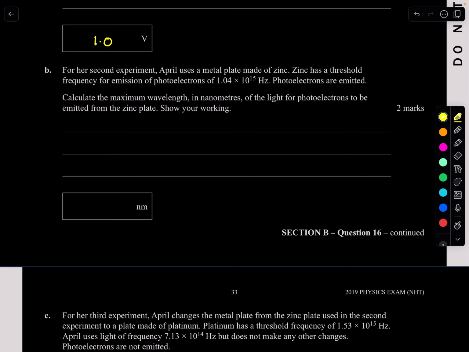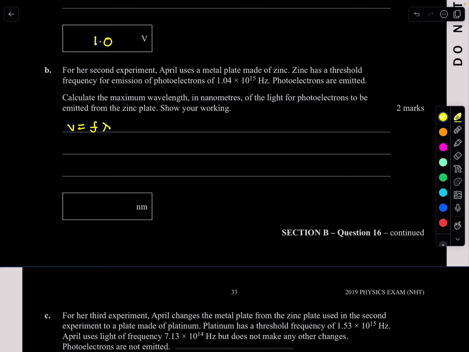Next question. For her second experiment, April uses a metal plate of zinc. Zinc has a threshold frequency for emission of photoelectrons of this. Calculate the maximum wavelength, in nanometers, of the light for photoelectrons to be emitted from the zinc plate. Easy. We're given the frequency, so we can calculate the wavelength from velocity equals frequency times wavelength.